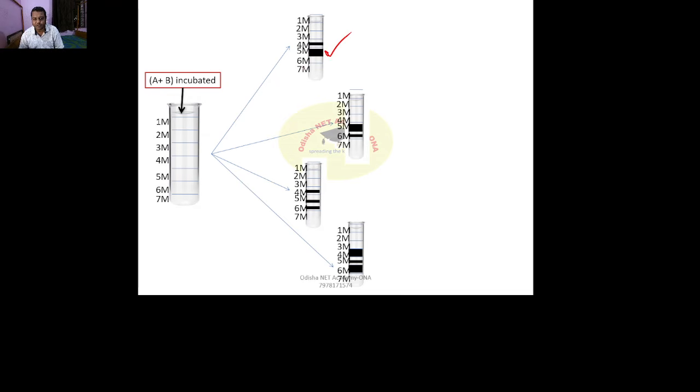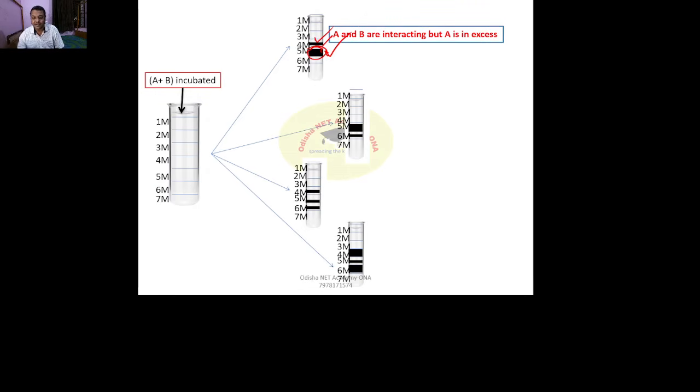So at the interacting position you are getting a thick band, but at the A position you are also getting one thin band. How can you interpret this result? As you are getting a thick band at the interacting position, A and B are definitely interacting. Then how can you explain this thin band? Definitely A concentration is more than B, so you are getting excess A. That means A and B are interacting, but A concentration is more.